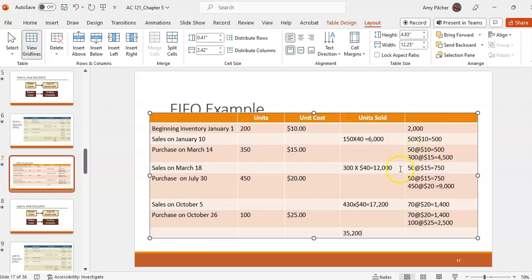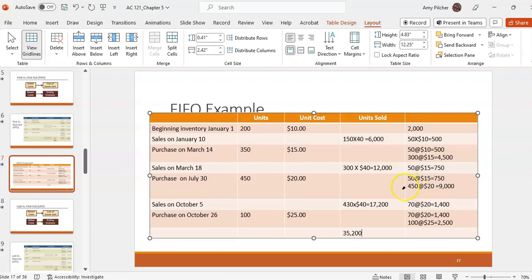Okay. And then we need to add that we sold 250 at 15. So we'll add 250 times 15. Then the sale of 430, we need to add 50 at 15. So 50 times 15.